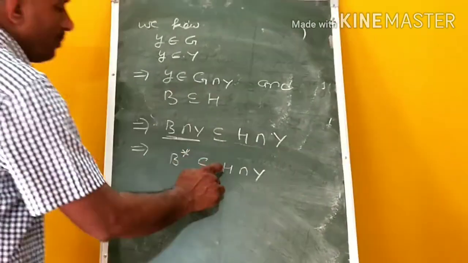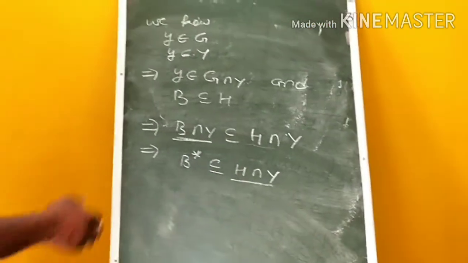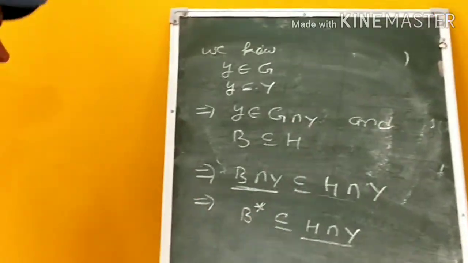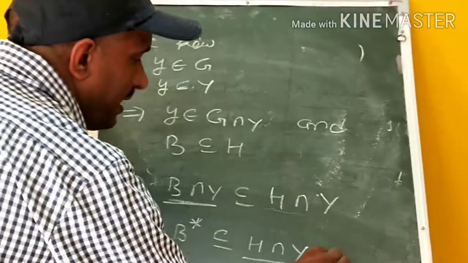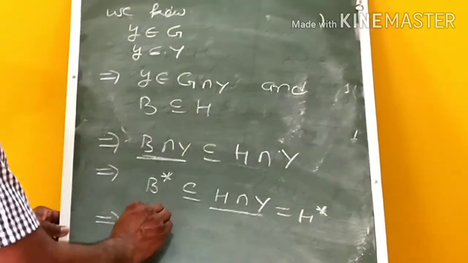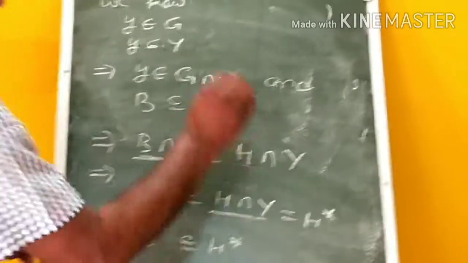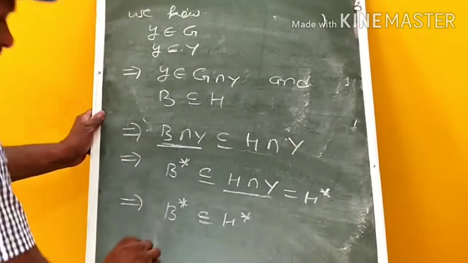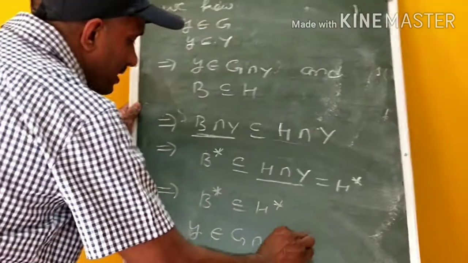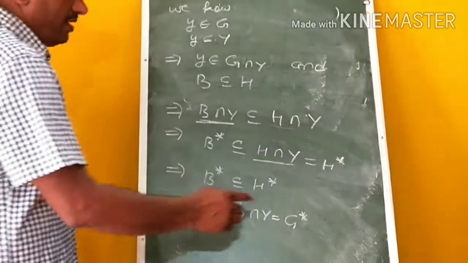Here H is open in X and H intersection Y is an open set in topology (Y, T*), or you can say in the related topology, and we denote it by H*. So this implies B* is contained in H*, and y belongs to G intersection Y, which we denote by G*. Now for the element y we find an open set G*.